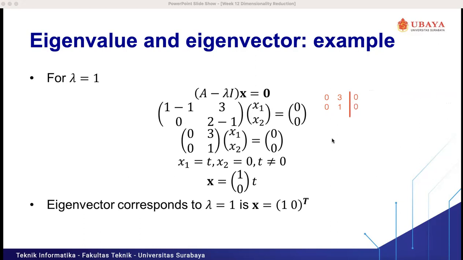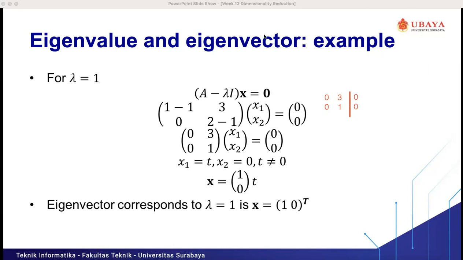So this is x1 and x2. If we have a linear problem like this, 0, 3, 0, 1, 0, 0, and we want to calculate x1 and x2, we can use the row echelon matrix.